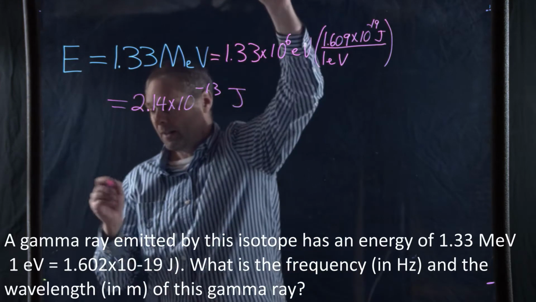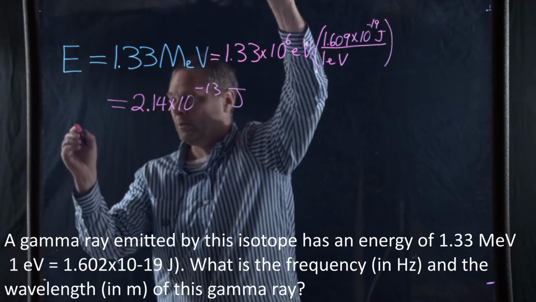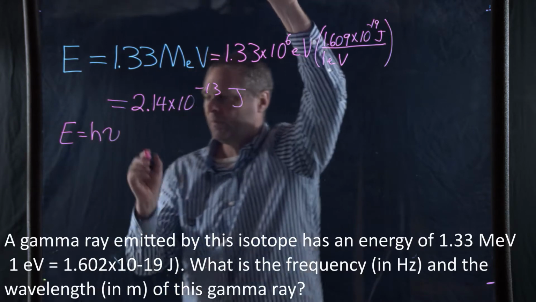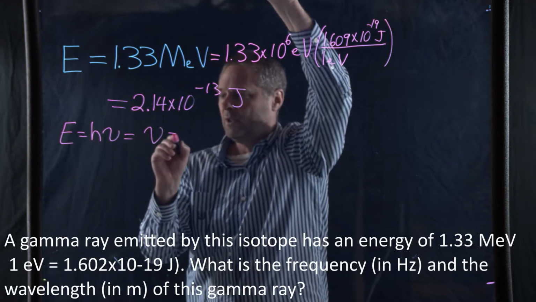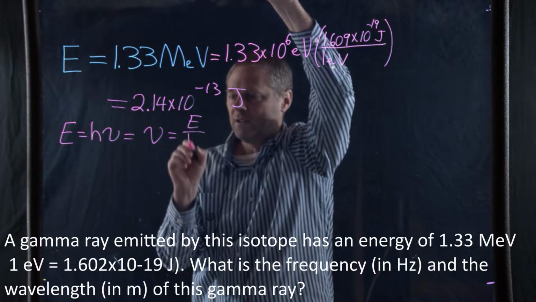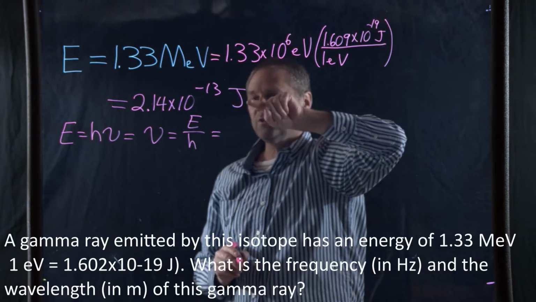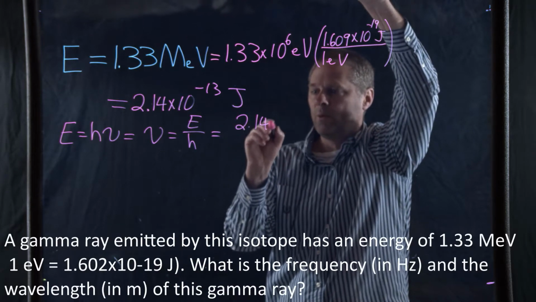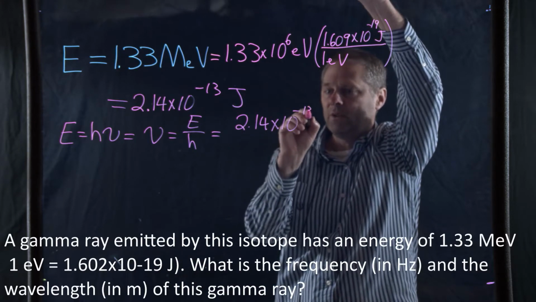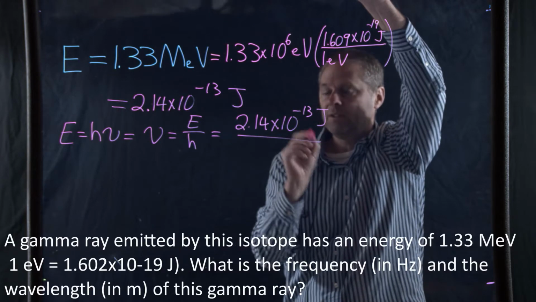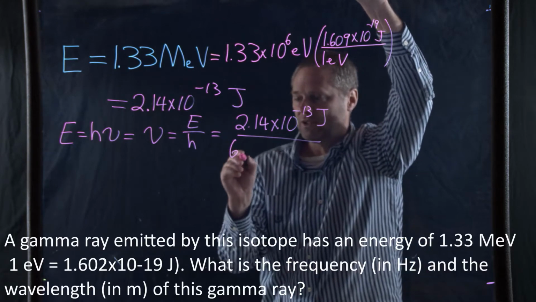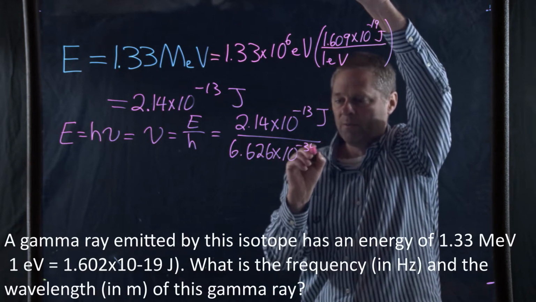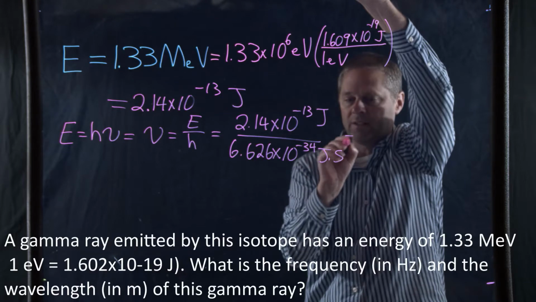We've converted that. Now we need to find the frequency. Well, E is equal to h nu, so nu is equal to E upon h. We just found the energy, so the energy is 2.14 times 10 to the minus 13th joules divided by Planck's constant, which is 6.626 times 10 to the negative 34 joule second.